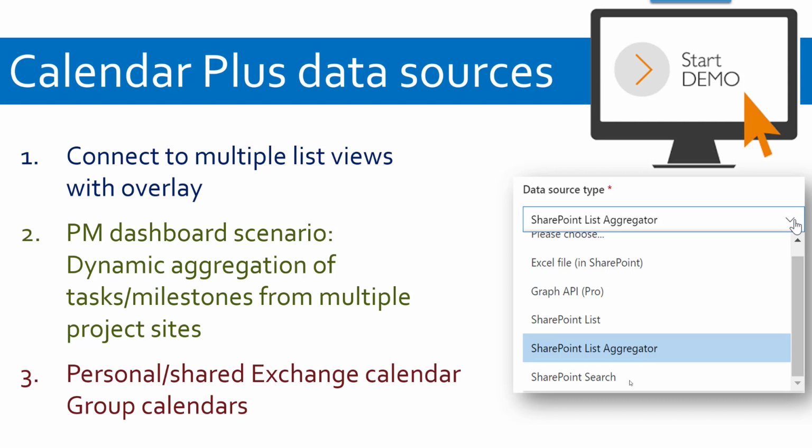SharePoint search data source allows you to aggregate across your entire tenant and faster than the list aggregator, but it requires a bit of administration overhead because you need to properly manage your managed properties. You need to configure them. So you got these two data sources to choose from when you want to aggregate from multiple subsites or from multiple site collections. Now let's get to the Graph API data source.